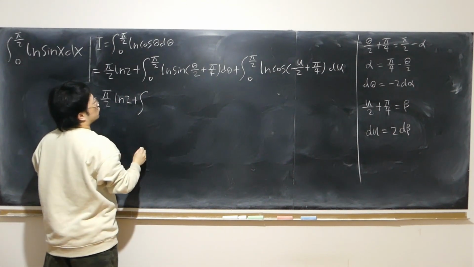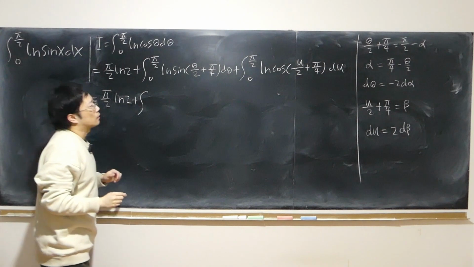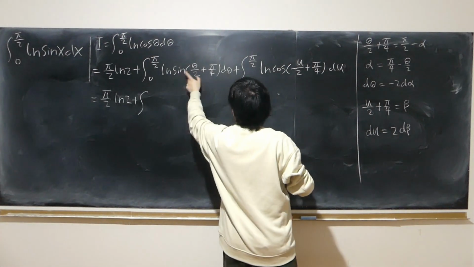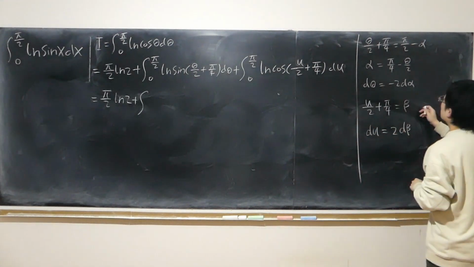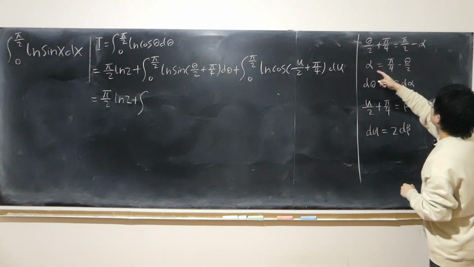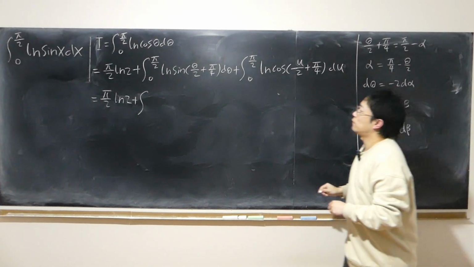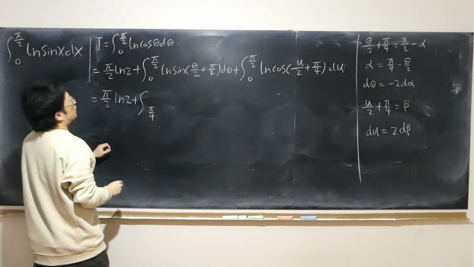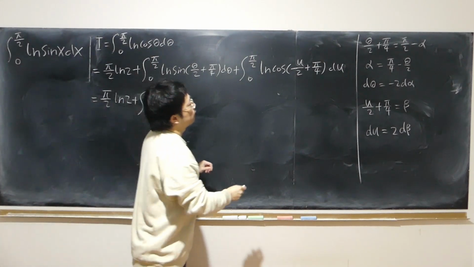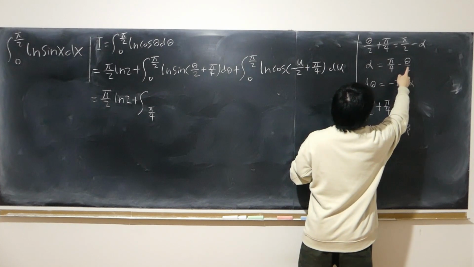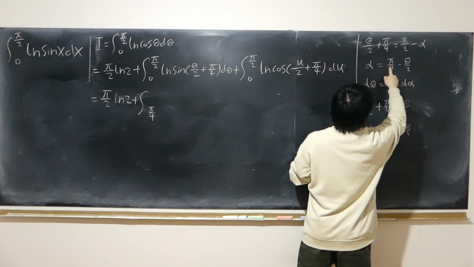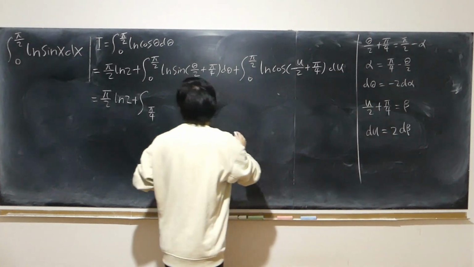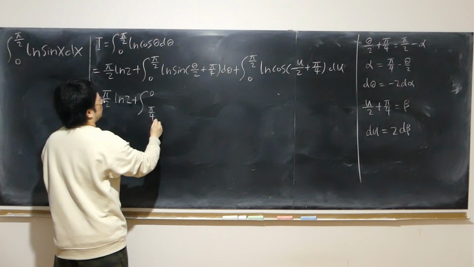plus the new boundaries would be, like I said, when theta is equal to 0, alpha is equal to pi over 4. When theta is equal to half pi, pi over 4 minus pi over 4, that is 0.